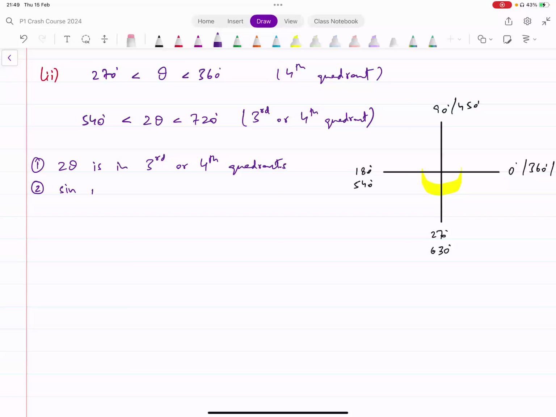Sine is negative in both these quadrants. Sine is only positive in the first and the second quadrant. So it doesn't matter if it's the third or fourth quadrant, sine is negative in both of them. That means sine 2 theta is negative.